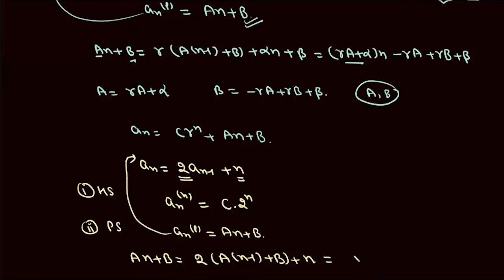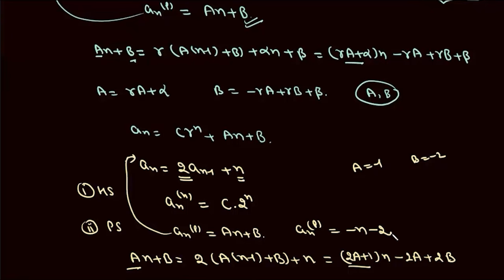So it'll be this (2A plus 1)n minus 2A plus 2B. Now if we compare these n parts, we'll get A as minus 1. If we compare the constant part, we'll get B as minus 2. So an p will be minus n minus 2.